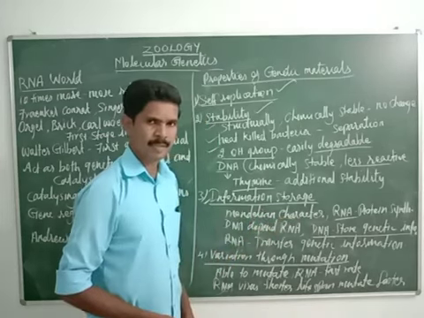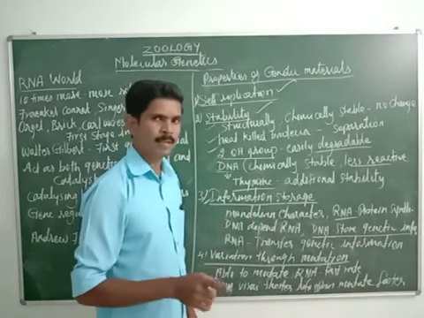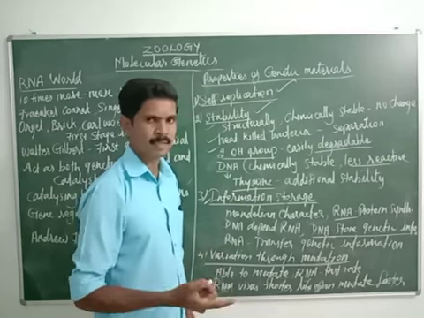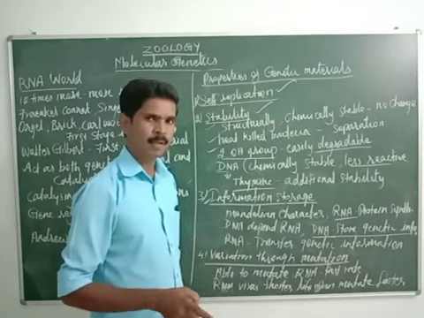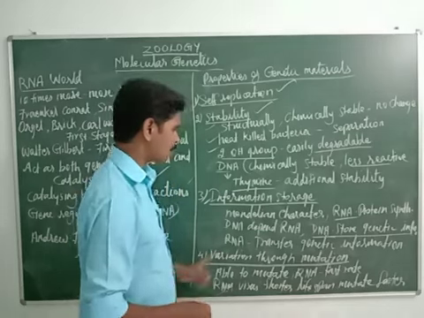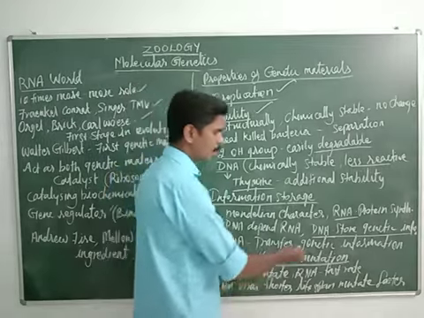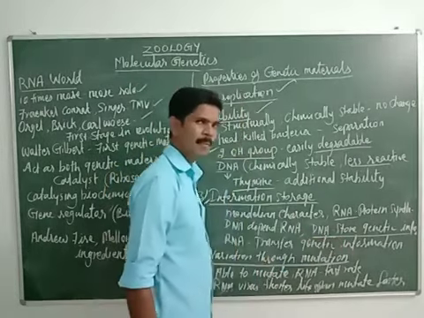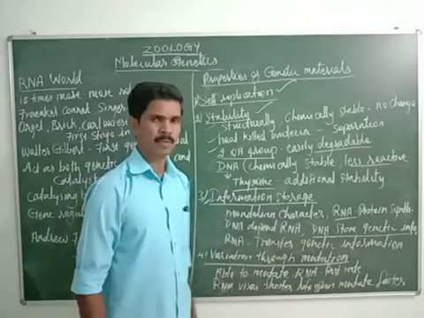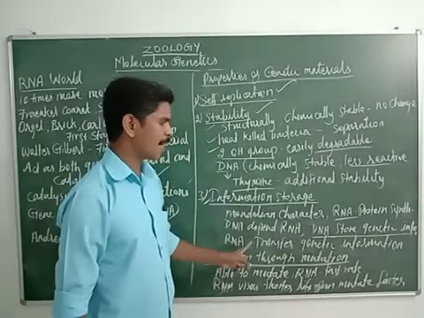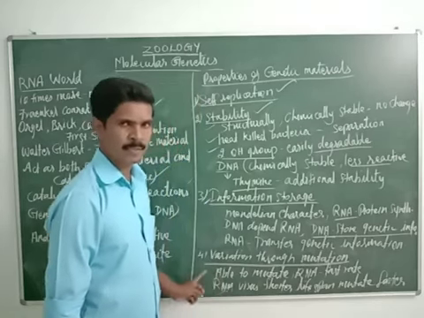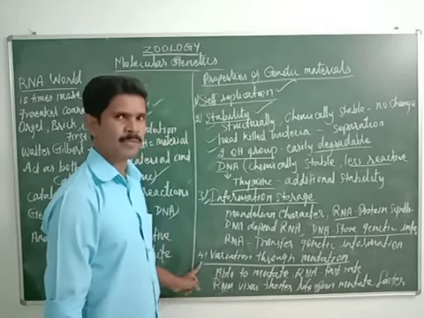Second, the RNA molecules can directly synthesize protein, but the DNA molecule depends on RNAs to produce protein. Third, the DNA molecule can store more genetic information, but the RNA molecule can transfer the genetic information from one generation to the next. Understand that, my dear students?